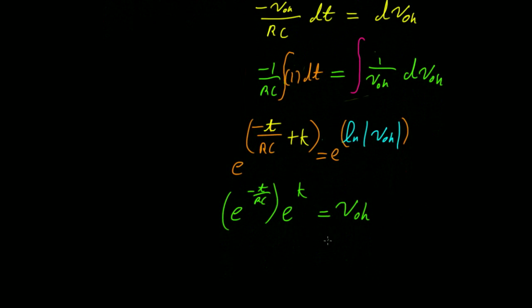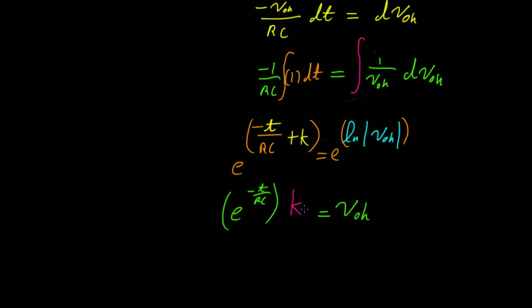So now, we're almost done solving for the homogeneous part of this equation. The very last thing we're going to do has to do with this constant. Remember, k is just some arbitrary constant. We don't know what it is yet. We haven't solved for it yet. So if we raise e to some arbitrary constant we don't know yet, e raised to some constant we don't know yet is also just some constant we don't know yet.